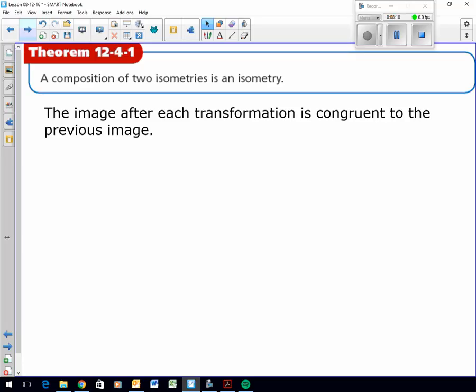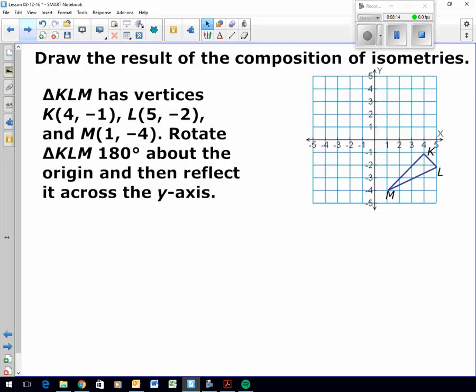Okay, next. Oh, here we go. I'll draw this. Draw the result of the composition of isometries. Triangle KLM has vertices K, L, and M. Rotate KLM 180 degrees about the origin and then reflect it across the y-axis.